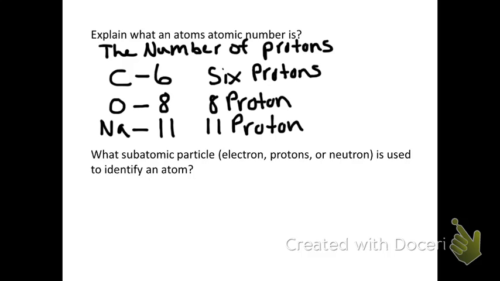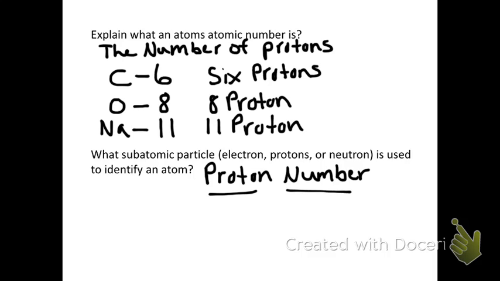Okay, the next question is, what subatomic particle, electron, proton, or neutron, is used to identify an atom? All atoms use the proton number to identify an atom. This is really important to understand. It's because the number of neutrons for an atom can change, as well as the number of electrons. But the proton number never changes.